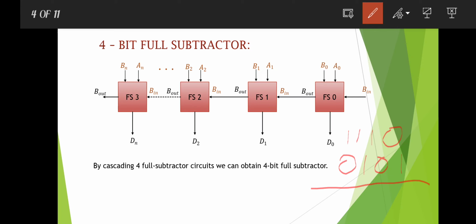If you perform the subtraction using this 4-bit subtractor, then for the first full subtractor block, A0 is equal to 0, while B0 is equal to 1, and the incoming borrow is equal to 0. So here 0 minus 1 is equal to 1, and the output borrow will also be equal to 1.